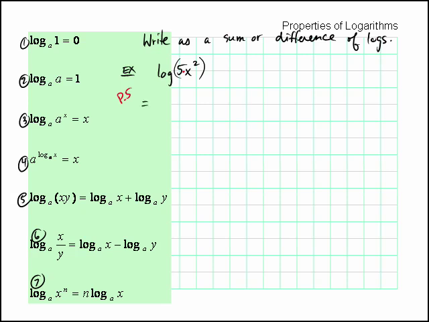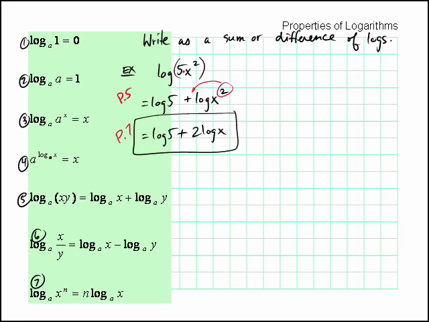So this is now the log of 5 plus the log of x squared. Now I can use property number 7. And property 7 says that I can take this exponent, which is inside the logarithm, and move it to the front. So this is the log of 5 plus 2 log x. And I've written it as a sum of logarithms.